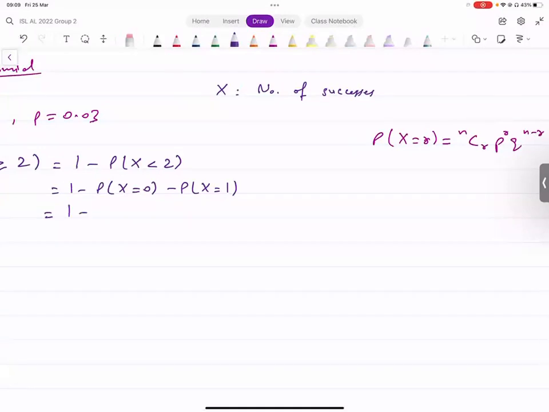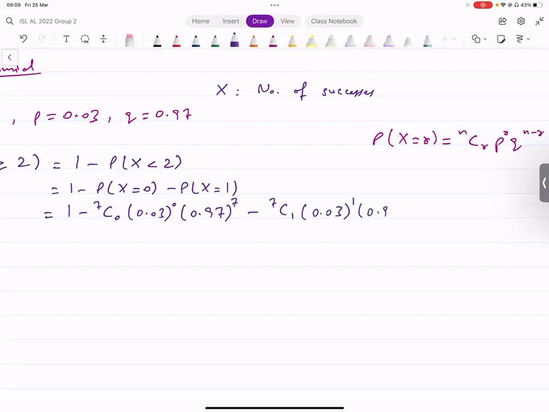1 minus, n was 7, 7C0 into p, which is 0.03 raised to power 0 into 0.97 raised to power 7. अगर p 0.03 है तो q क्या होएगा? 0.97. Minus 7C1 into 0.03 raised to power 1 into 0.97 raised to power 6.